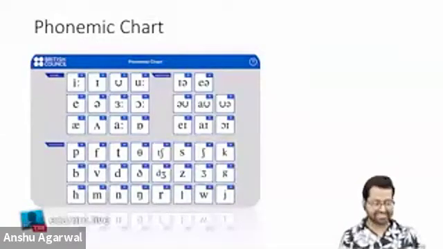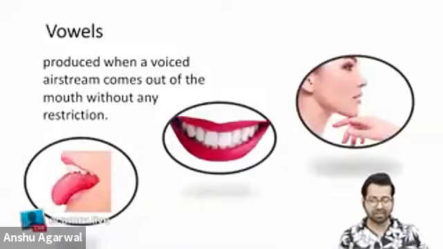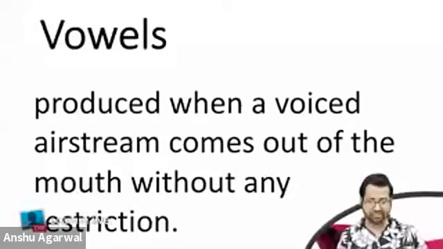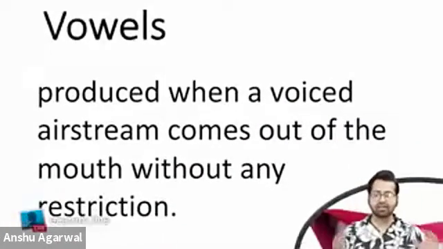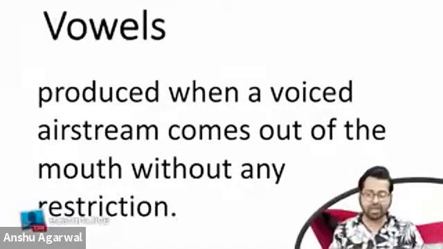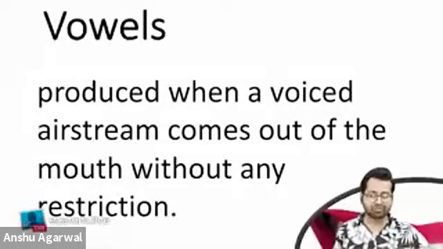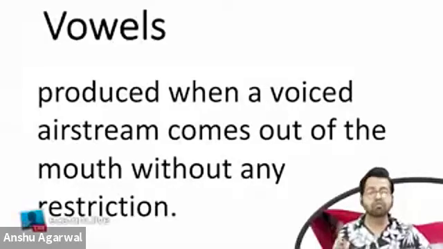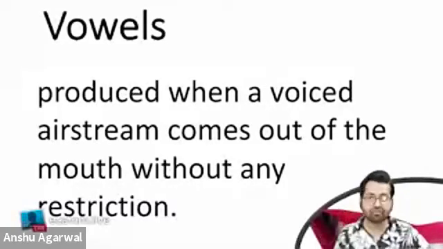Now, this is exactly what I want to focus on here. We're looking at vowel sounds, guys. So first, let's look at what vowel sounds mean. Vowel sounds are produced when a voiced airstream comes out of the mouth without any restriction. What is the meaning of voiced airstream? Airstream is a stream of air. Voiced means the vocal cords are involved.